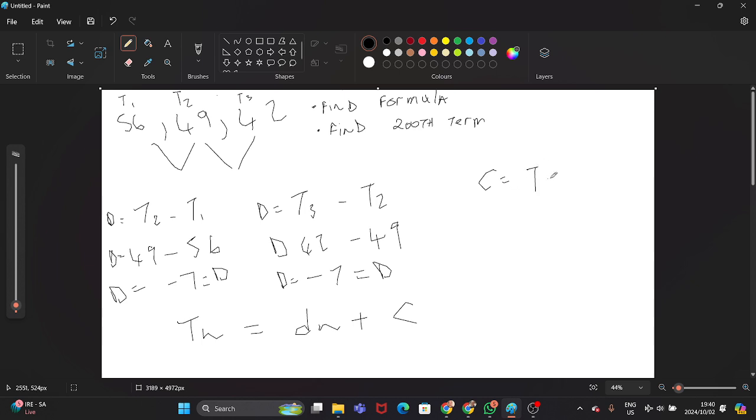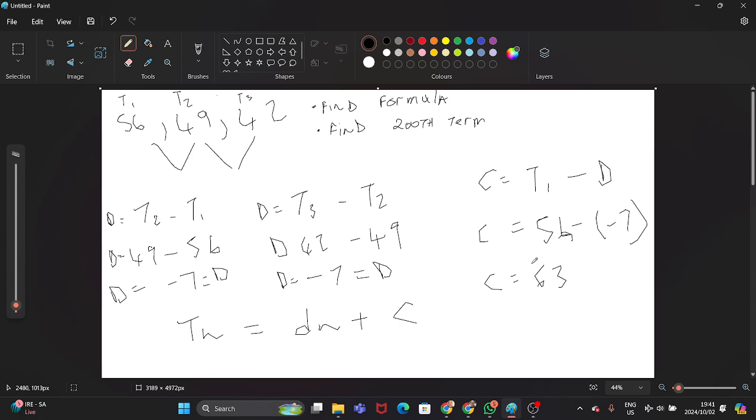And we can see that our constant difference is equal to -7. And our first term is 56 minus -7. And that gives us 63. So C is equal to 63.